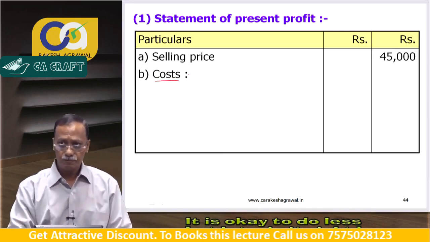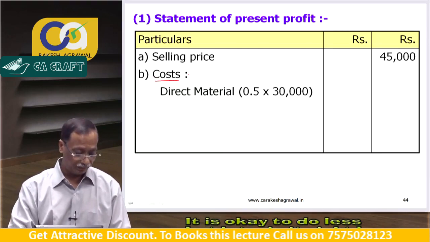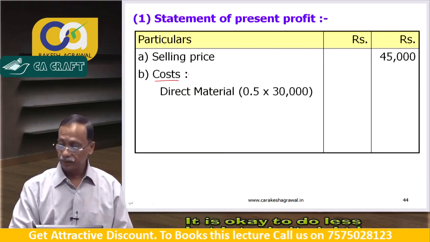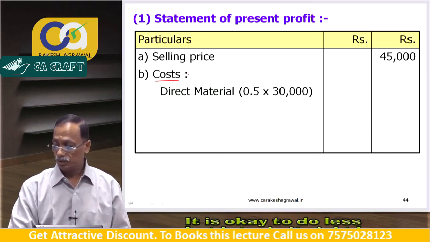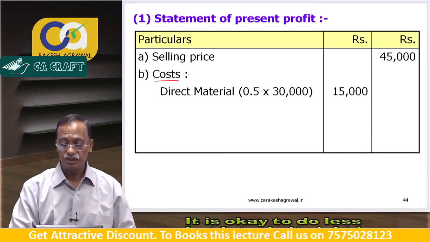B, cost. We'll underline this word, cost. Now we'll write the breakup inner column, direct material. Direct material is 50% of your total cost. So it is 0.5 into 30,000, that is 15,000.